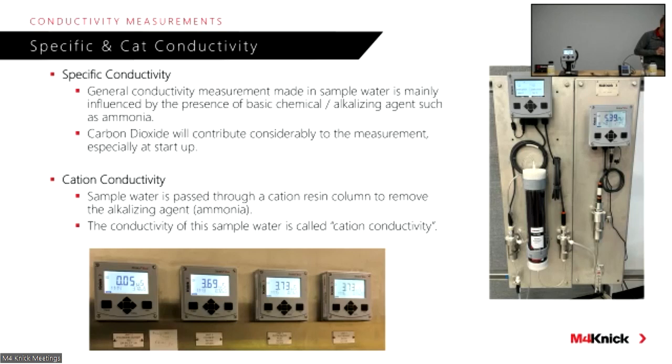So as you can see on the measured values, very low conductivity. We're talking specific conductivity values in the single-digit microsiemens per centimeter range, down to sub-1 on the CAT side. So again, solutions there for high purity conductivity measurement specific to power generation and steam generation.